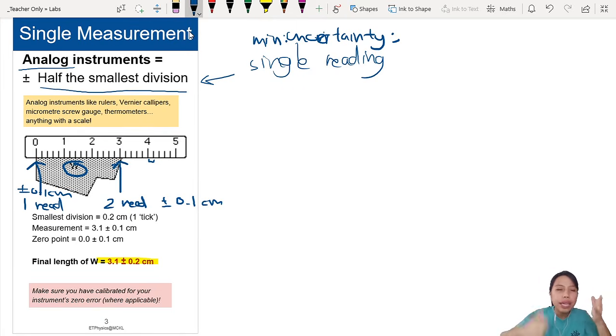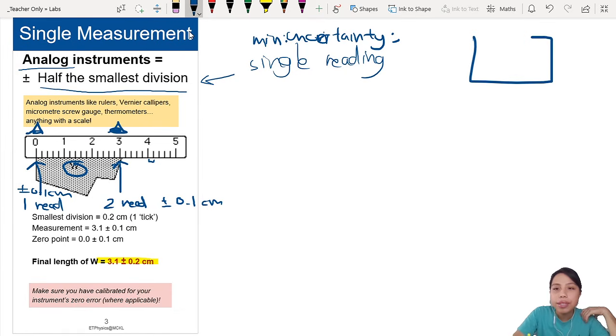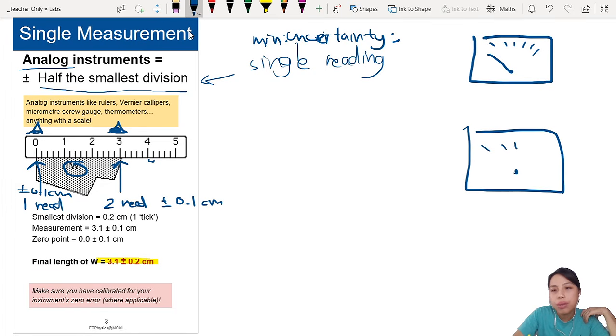Reading is basically how many times your eye goes and looks there. So here one eye, here two eyes. Different things like scales, those type where there's a needle, usually after you put whatever thing you're measuring, the scale deflects, you put your eye here, you look. Okay, so that is plus minus half smallest division, because your eye only looks one time, whereas here your eye looks two times, so two readings instead of only one reading.